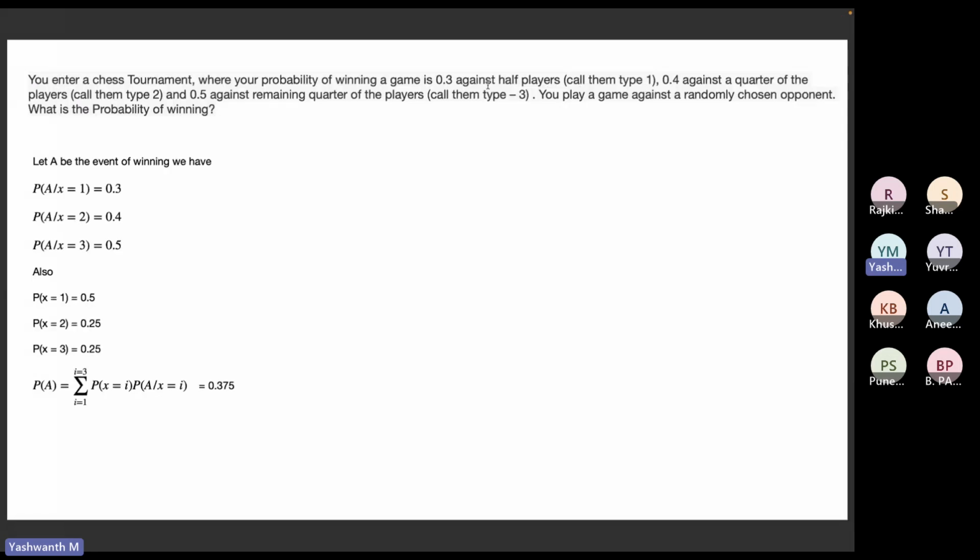It's given already here, whatever I'm highlighting, and a quarter of the players here, and the remaining quarter. Type 2 and type 3 are a quarter each. So the probability of winning is just you average out all the possibilities, and you end up getting this much. This is the answer. Do you want me to explain why I have written this?